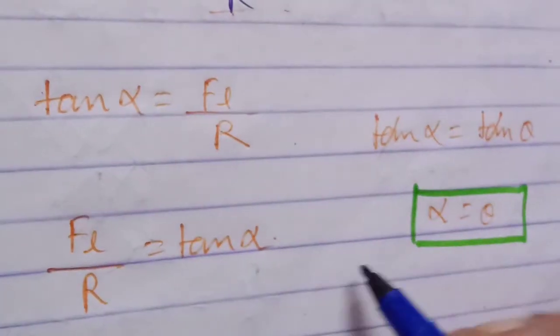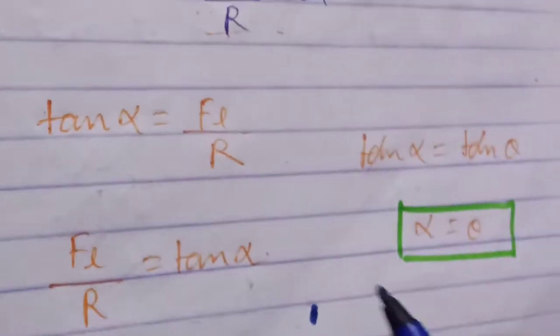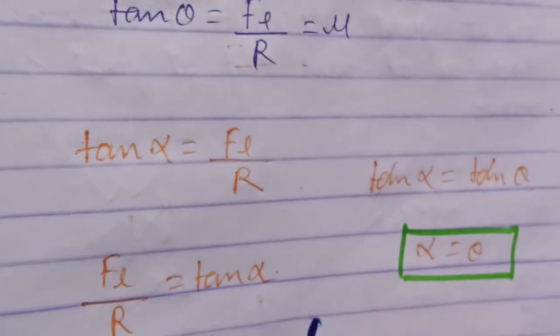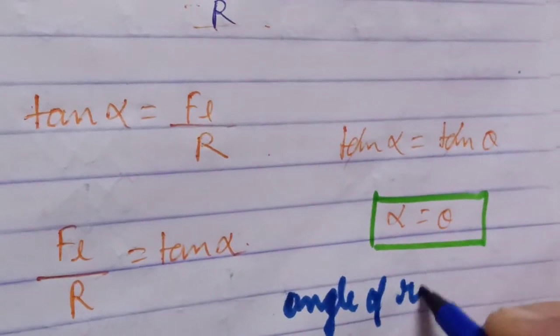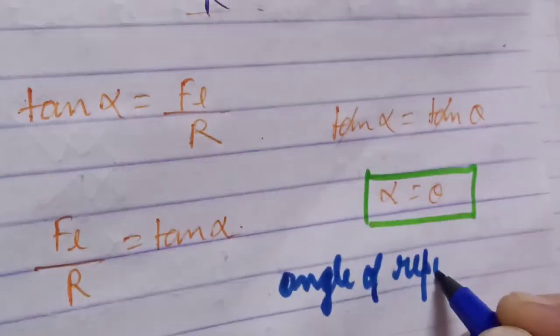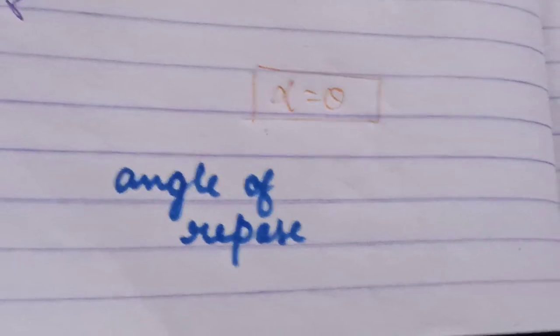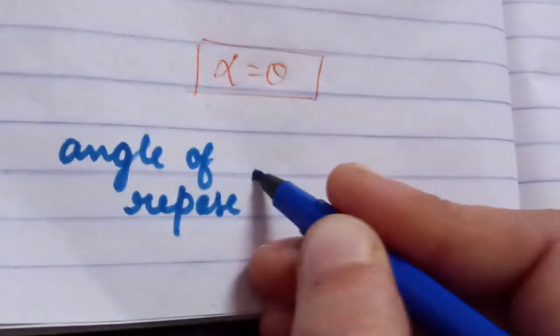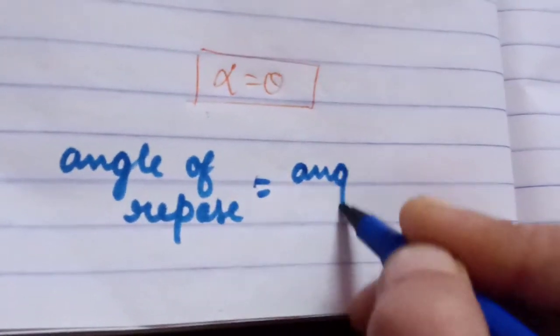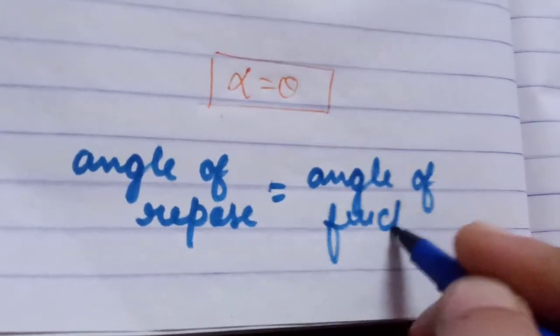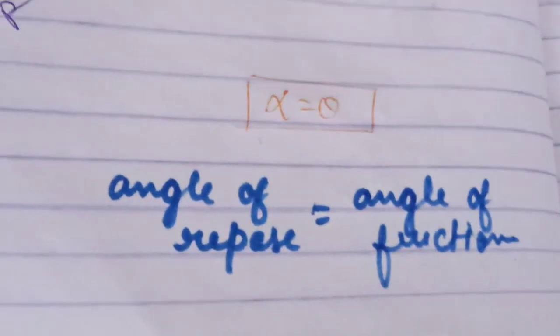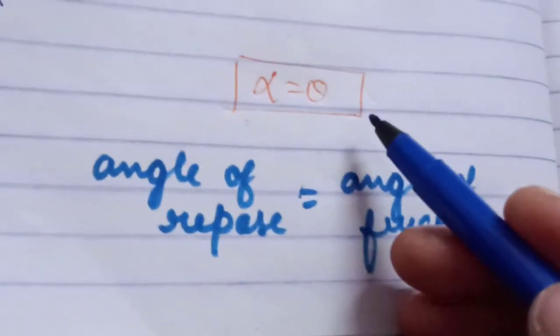So by this we can say angle of repose is equal to angle of friction, alpha is equal to theta.